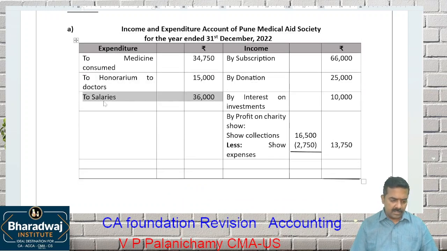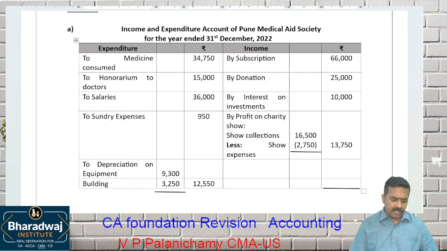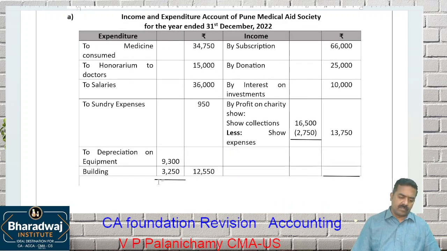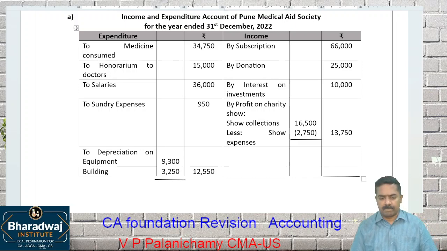Then what else? Honorarium to doctors, salaries, then sundry expenses, then depreciation on equipment and building. Any other income or expense? Only consumption will be an expense.